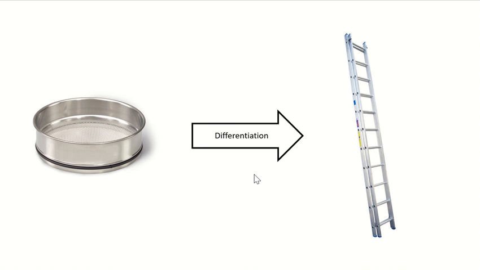Differentiation plays a huge role in eliminating this sieve comparison and makes the current system more comparable to a ladder, where everyone is given equal chance to climb to the top and be successful, with the implementation of various learning techniques centered around the different styles of learning that second level students tend to have.